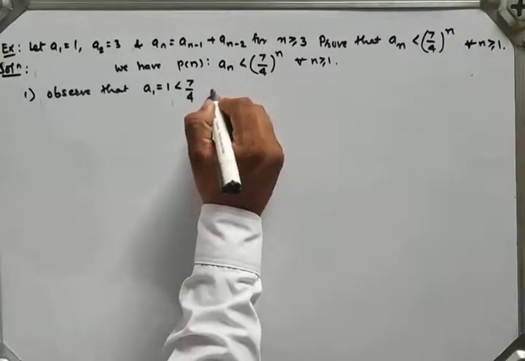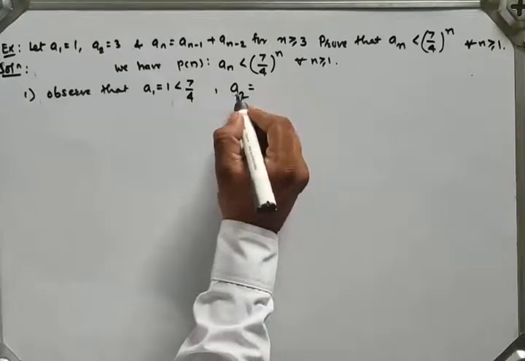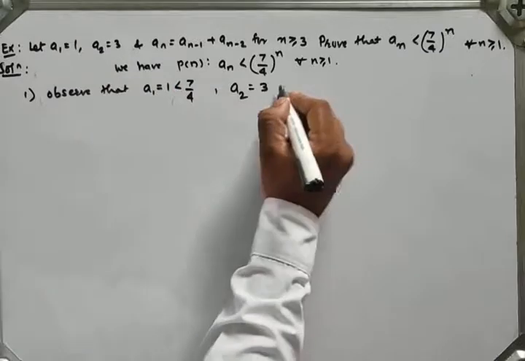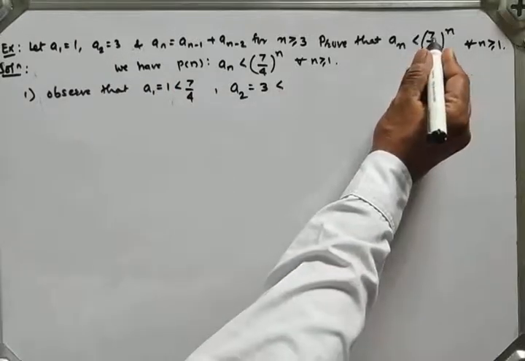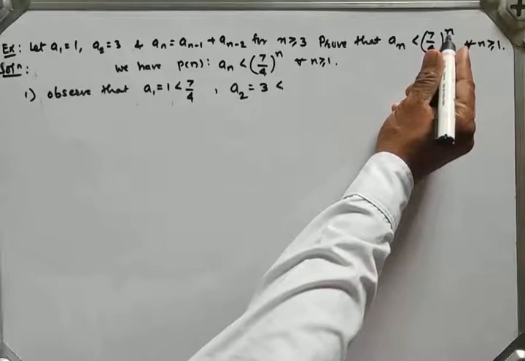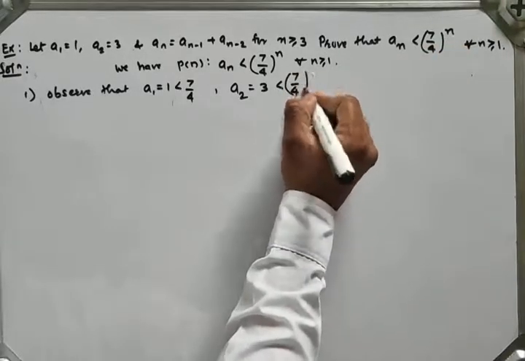Again, the value of a_2 is 3, which is also less than (7/4)^2, after substituting n equal to 2.